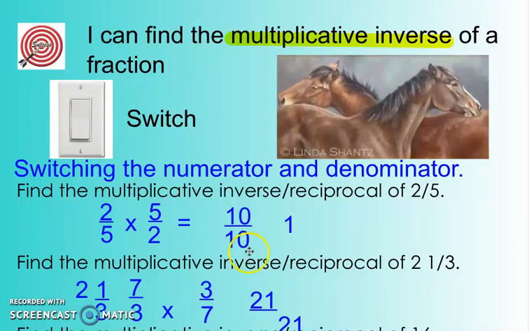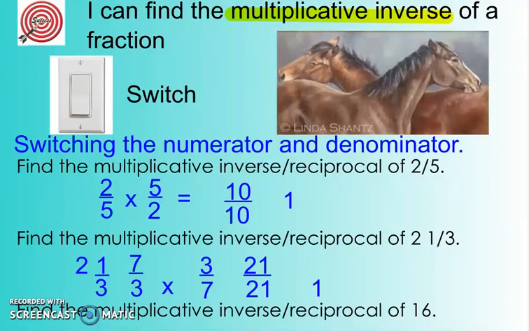And so 21 twenty-firsts is the same as or equivalent to 1 whole. And so I know that 3 sevenths is the reciprocal of 2 and 1/3, or of 7/3, which is what the improper fraction is.